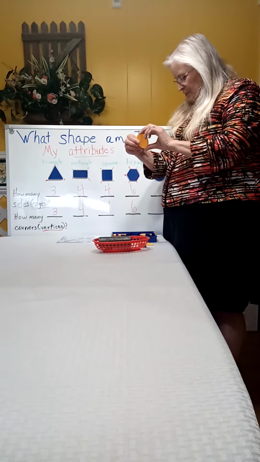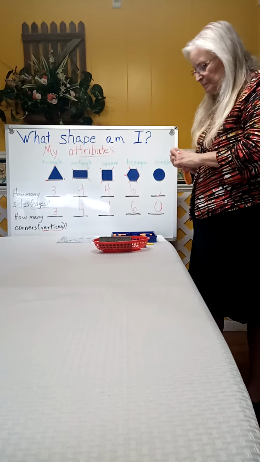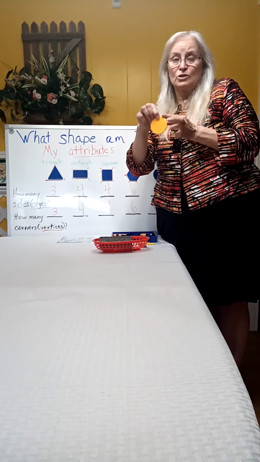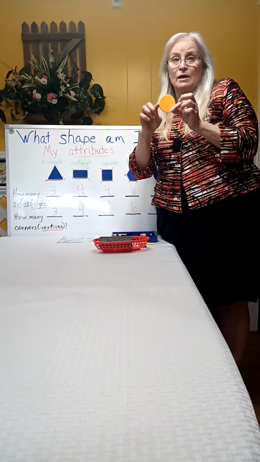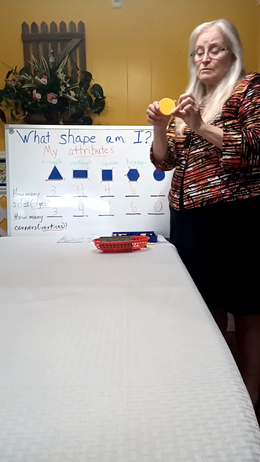No. So our circle also has 0 vertices. No vertices, no edges. But an attribute of our circle is that it is curved. So that's something different about a circle, that it has curved edges, a curved side.